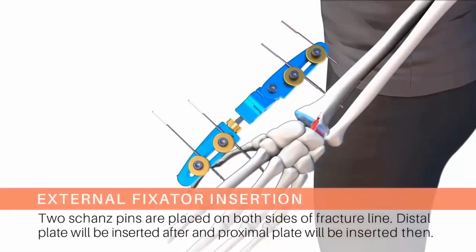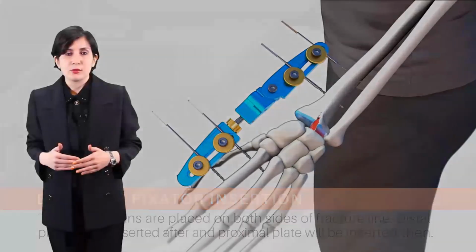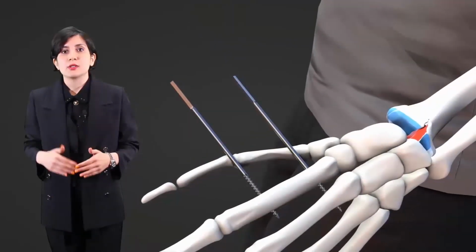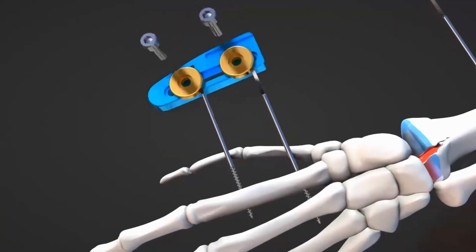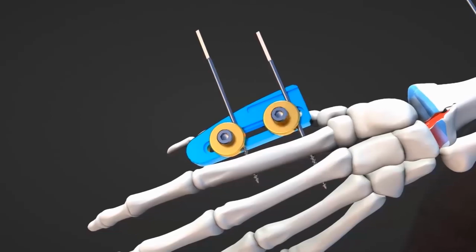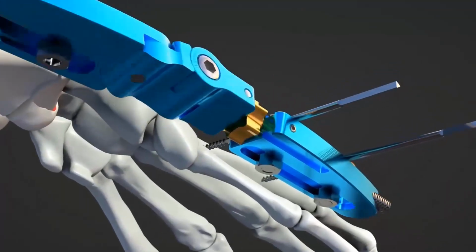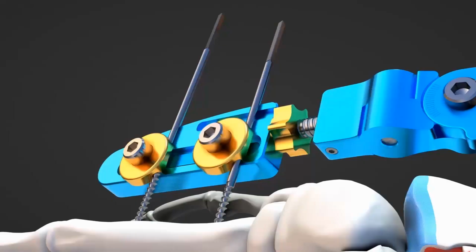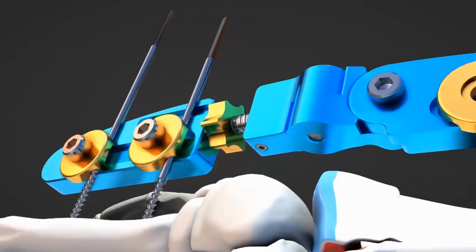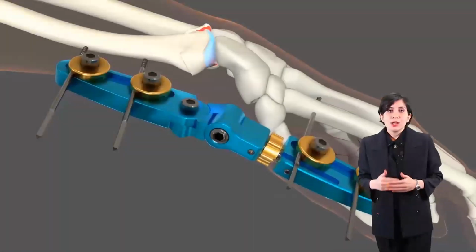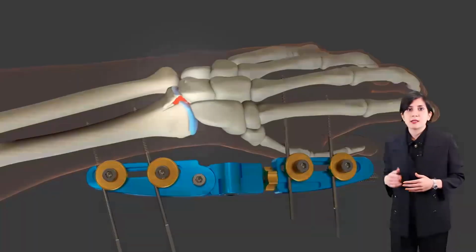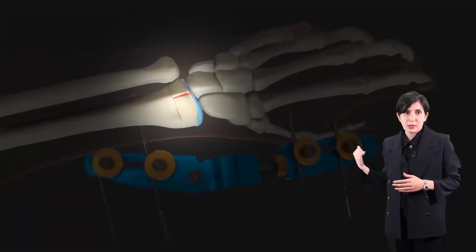And this is how we implement the external fixator on the patient. Two pins are inserted in the second and third metacarpal bones, and two pins are inserted into the distal radius shaft. The gradual distraction of the clamps is exerted by a distraction knot between them.